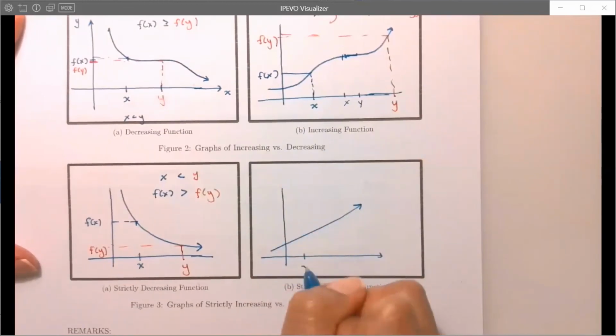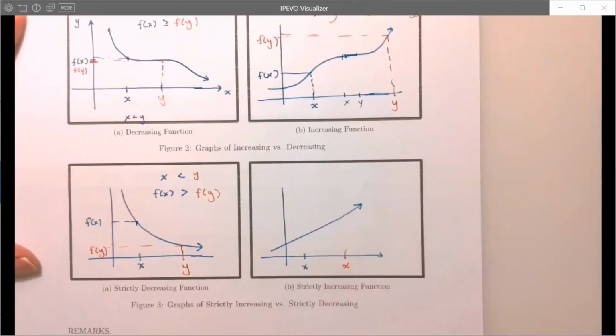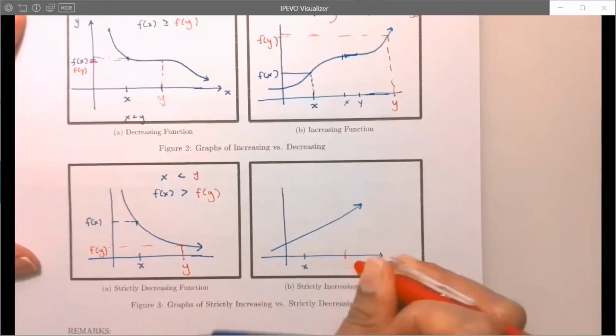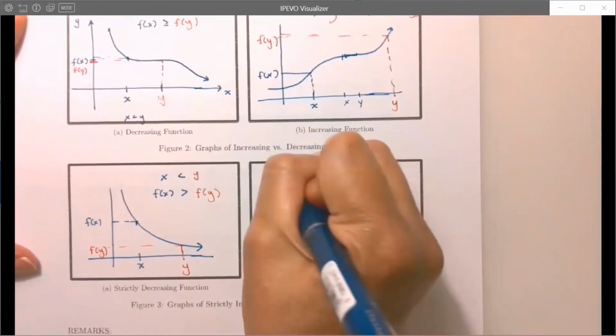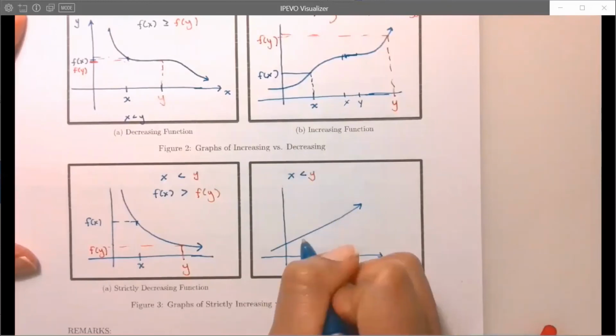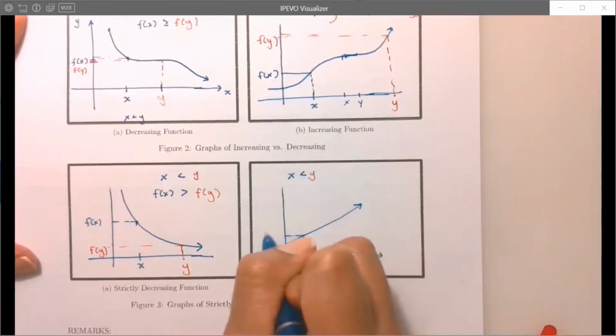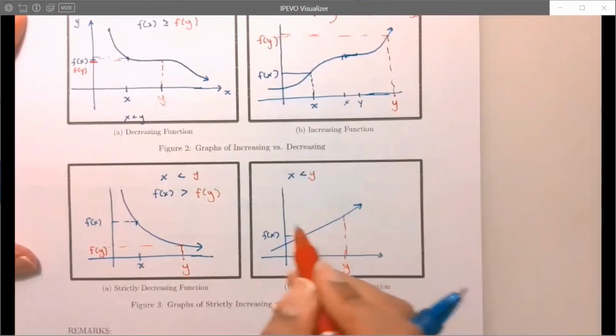So if you pick an x here and a y value here, so that you have the same property, x is less than y, then you're going to get an f of x value that is always strictly less than the f of y value.